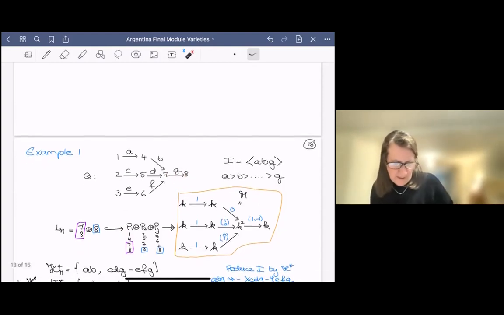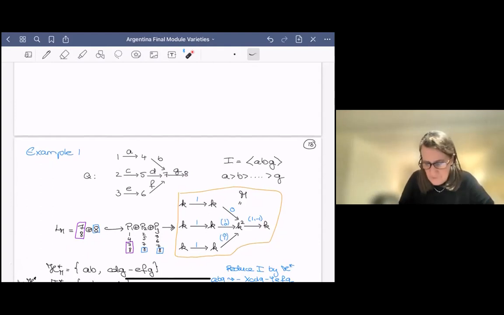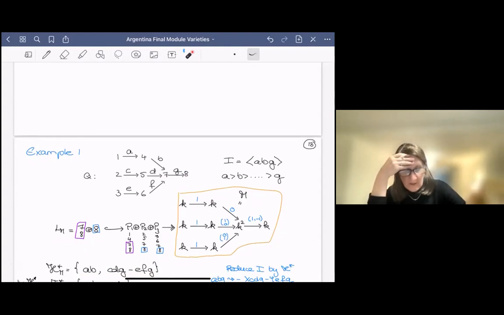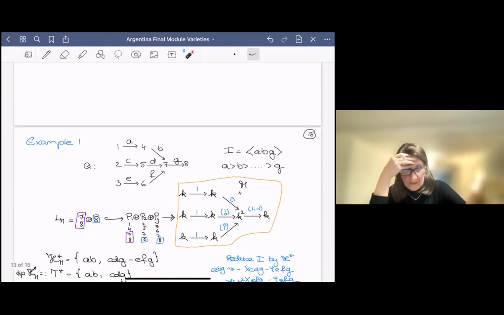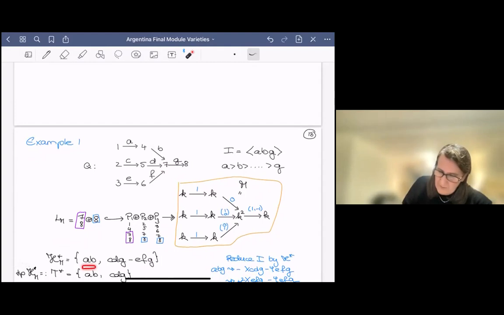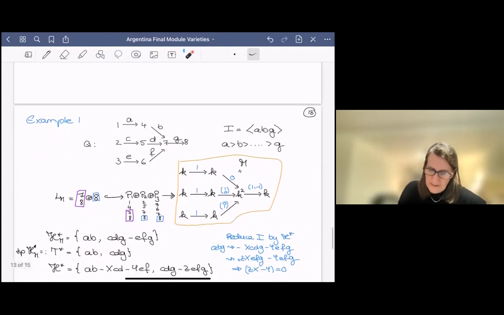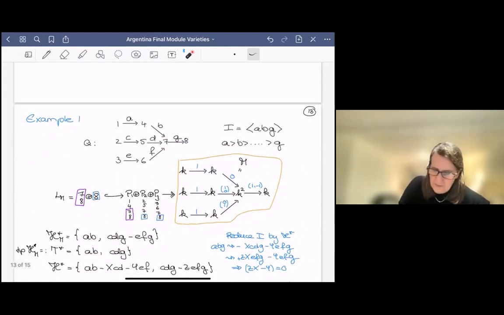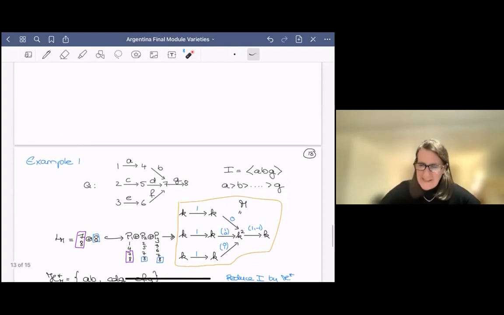And then I can construct a right Gröbner basis for this module here, which is given by AB, CDG minus EFG. And then the tips in here, so the longest elements according to our order, are simply AB, CDG.